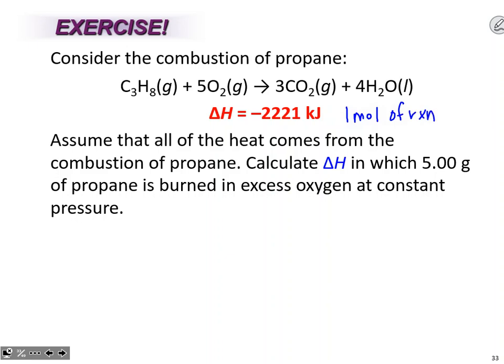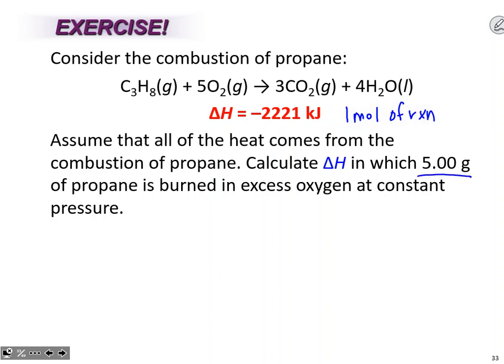Now, every time this reaction is run, 1 mole of propane burns with 5 moles of oxygen, giving us 3 moles of carbon dioxide and 4 moles of water. So every time this reaction runs, that's the ratio of all the substances. So per 1 mole of reaction, this is what's going to happen here.